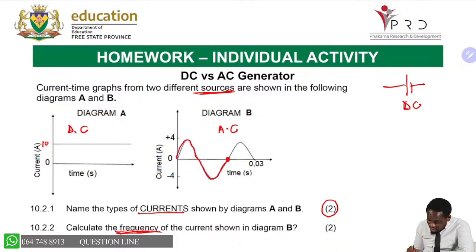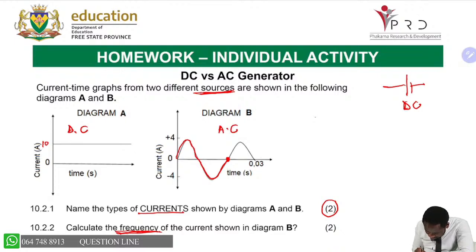So frequency is equal to the number of cycles divided by time. Now, how long did it take us to complete 1.5 cycles? It took us 0.03. I can tell from this, because this is a nice scale.